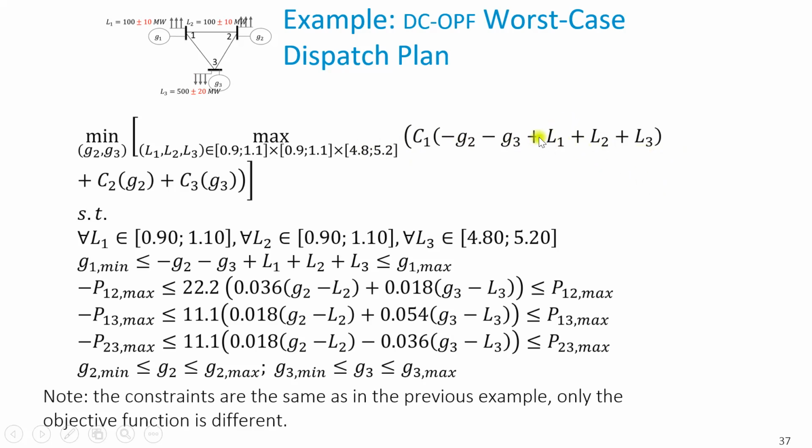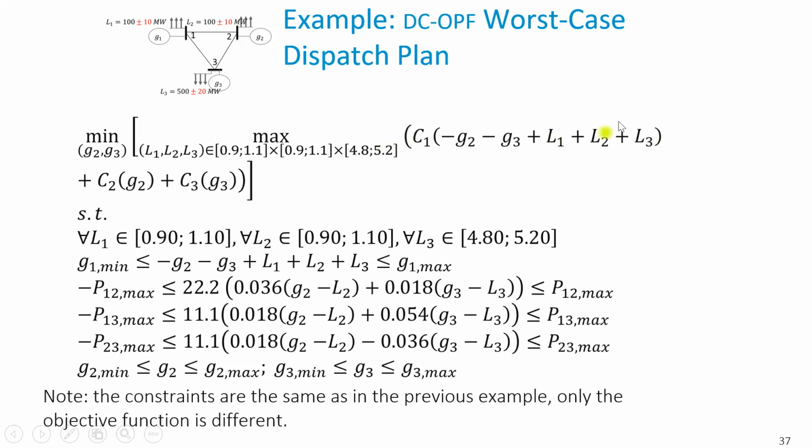You see that there is a plus sign in front of L1, L2, L3. So if L1 is larger, the value is larger, and same for L2 and L3. And since the constraints on L1, L2, L3 are independent, we have boxes where they vary independently, then the max is when L1 is as large as possible, L2 is as large as possible, and L3 is as large as possible, which means we take the upper bound of L1, L2, L3, and obviously that must be the max.